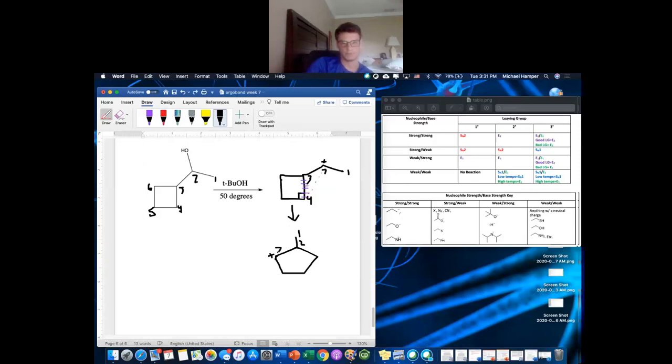So here you expanded the ring, but the carbocation is still in a secondary position. You have a hydrogen here that is able to do a hydride shift. So that hydrogen will move, and therefore the carbocation will go to where the hydrogen came from.